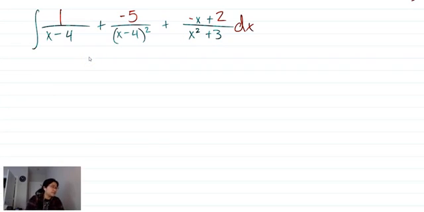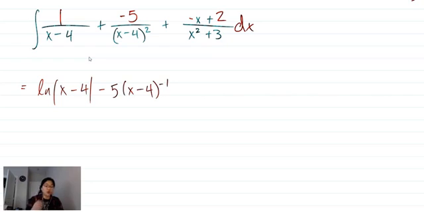Okay, so from here, that's just natural log absolute value of x minus 4. Right? That's just u substitution with u is x minus 4. Here we also have a u substitution with x minus 4. We have negative 5 and then (x minus 4) to the negative 1 power, with a chain rule that still works.